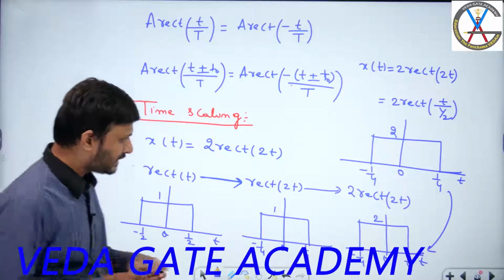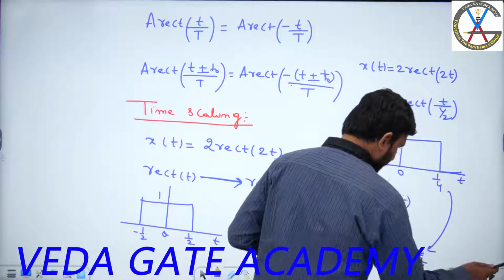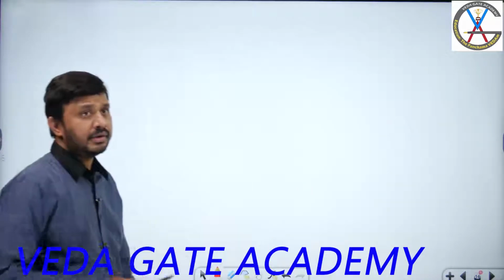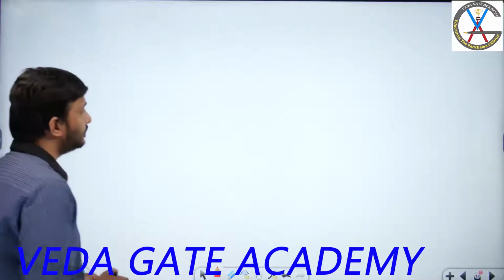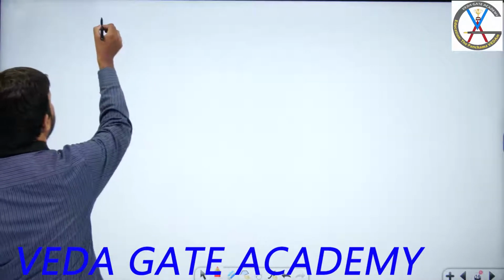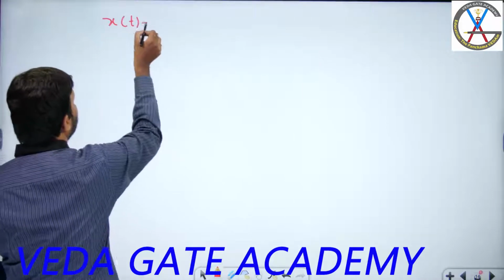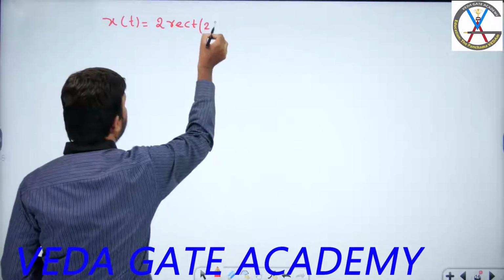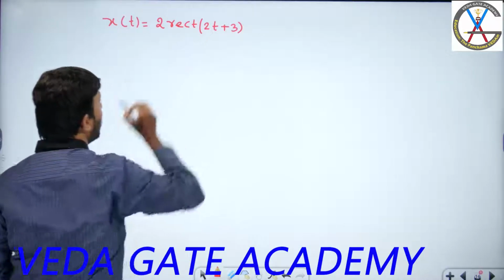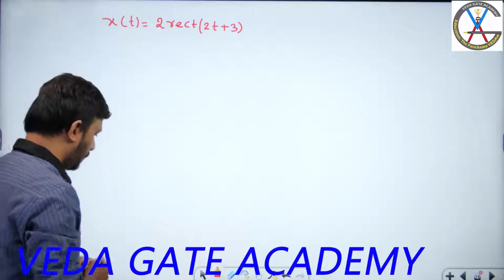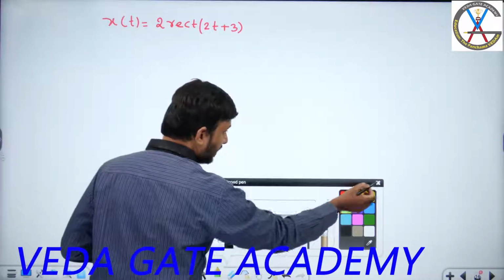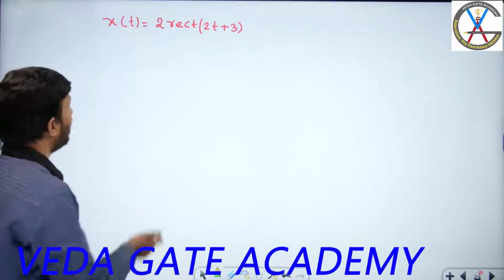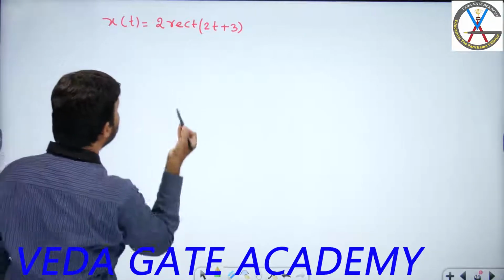Okay, so let's go to the next part. Suppose I ask you to draw the shape of the signal x of t is equal to 2 rect of 2t plus 3. How are you going to draw? I want to put this in a standard form.